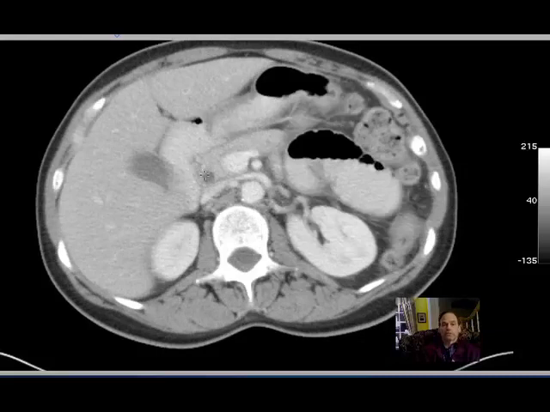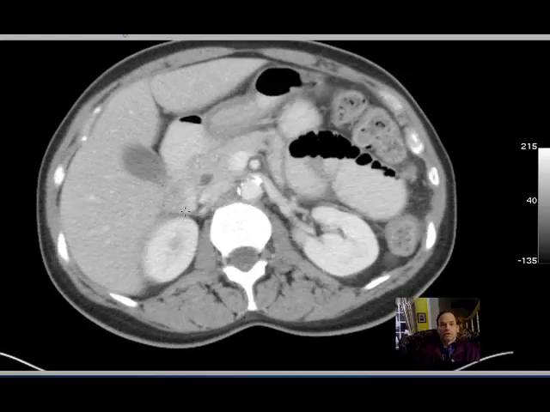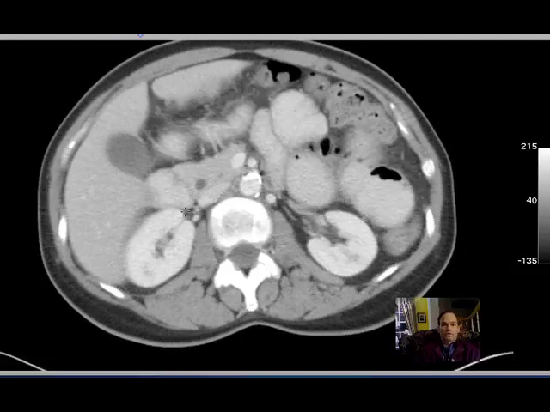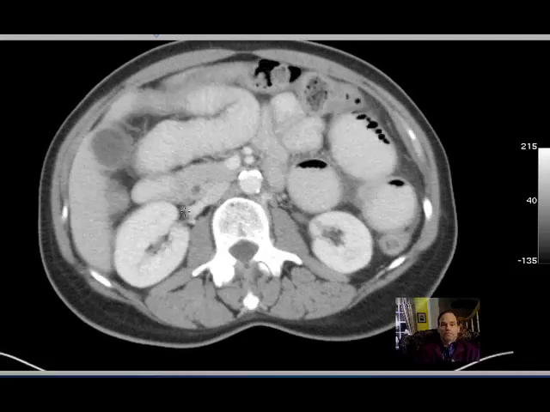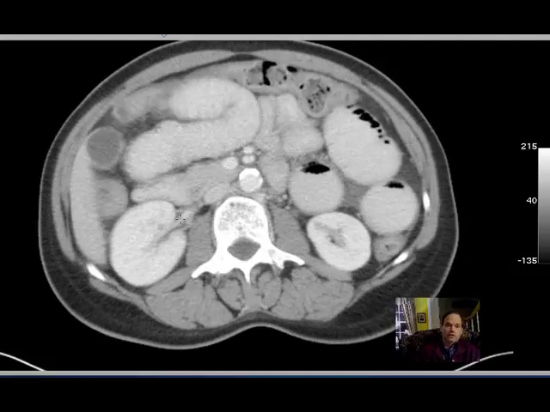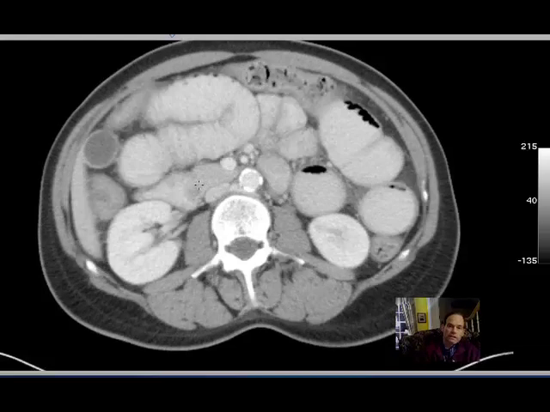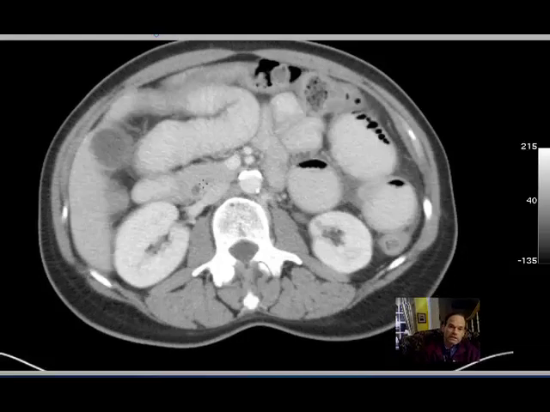Sometimes they empty separately, and the common bile duct then empties into the duodenum. And you can follow it, and it's coursing off to the right there, and there we lose it. So this is the second portion of the duodenum. This is the pancreatic head.